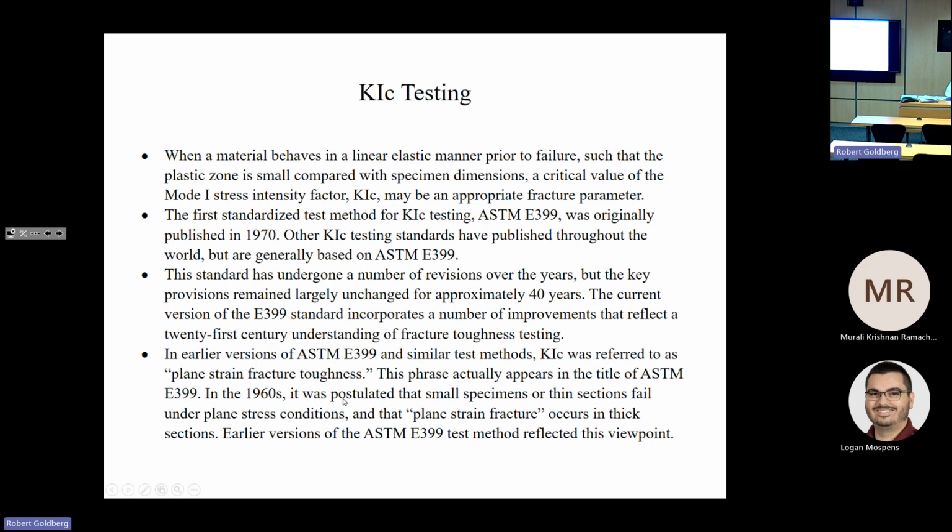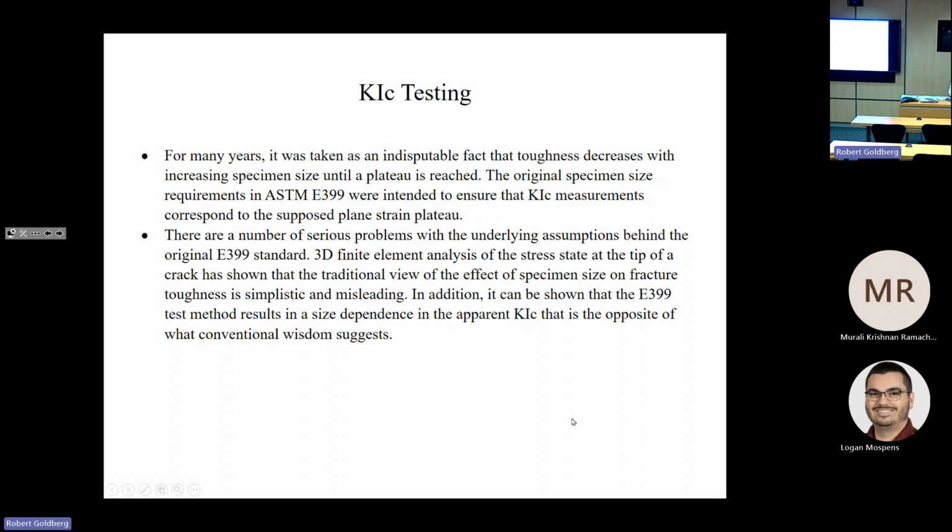And in the 1960s, it was postulated that small specimens or thin sections fail under plane stress conditions, and plane strain fracture occurs in thick sections. And earlier versions of the standard reflected this viewpoint.